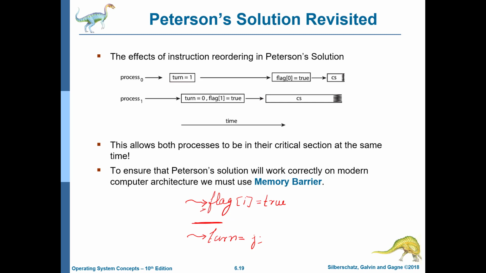The flag instruction will execute first, and then the turn instruction will execute later. The price that you pay is that you have to insert a memory barrier instruction, which is not only an additional instruction, but also very expensive in terms of performance. You do not want such instructions, and they are also known as fences.